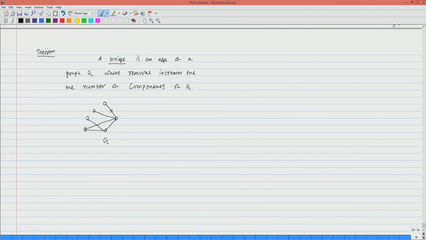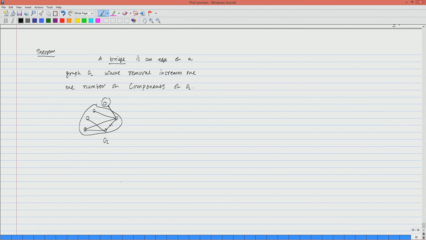At this moment the graph has only one component. Now, if you remove this edge it will have two components now. This is one component and this is another component. So, that edge is a bridge, and similarly this edge is also a bridge, this edge is also a bridge, but this edge is not a bridge. Even if you remove this one, now go back to the original graph, if you remove this edge it will not increase the number of components.